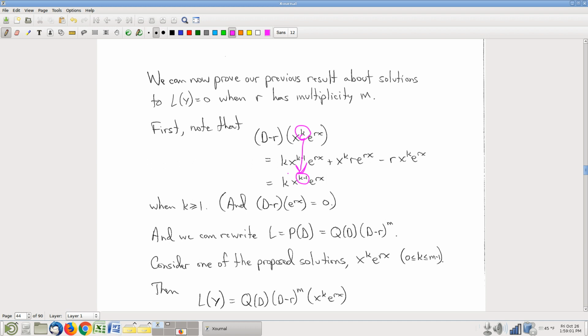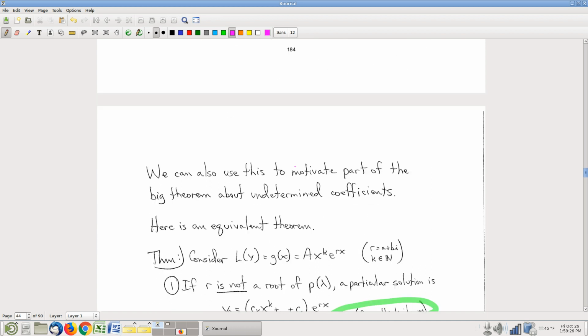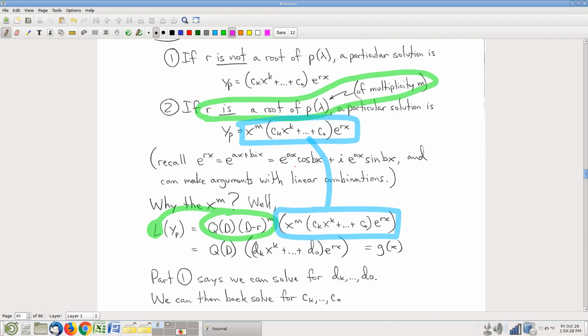The constants out front end up not being particularly important here. Okay, so the power of x reduces by 1. Let me say that a different way. This D minus r effectively kills, erases, however you want to say it, one of the factors of x. D minus r gets rid of a factor of x. That's a way to think about that. So that's what we're going to see happening here.